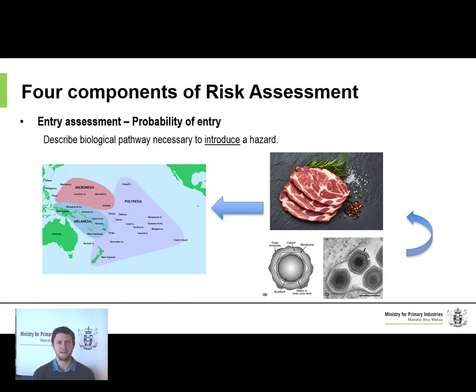We can ask the question when undertaking an entry assessment, what is the probability or the likelihood that a piece of pork, whether it be raw or cooked, or ready-to-eat, chilled or frozen, what are the pathways required to introduce African swine fever on that piece of meat into those specific countries?